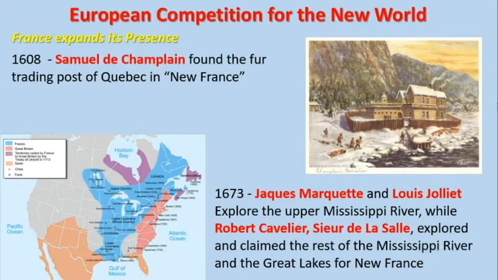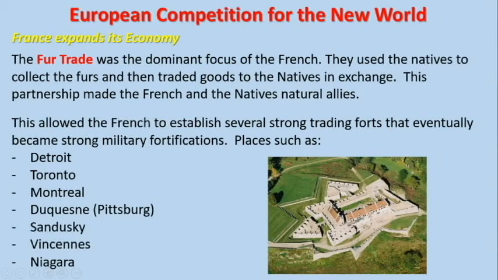He explored and claimed the rest of the Mississippi River and the Great Lakes for New France. Basically, La Salle finished out the rest of this blue area we now call New France in the American colonies.